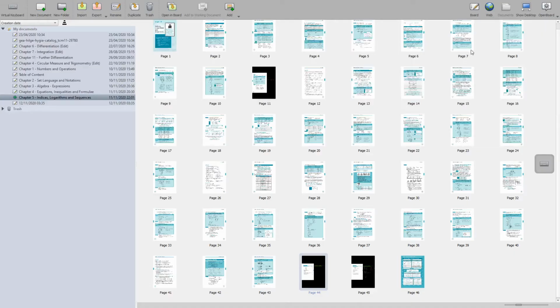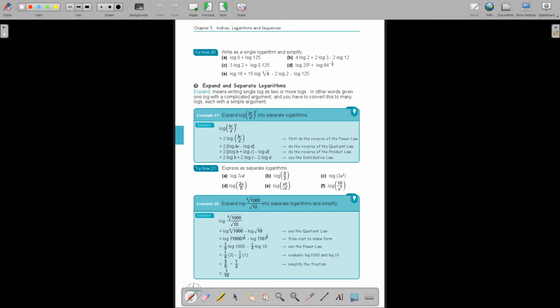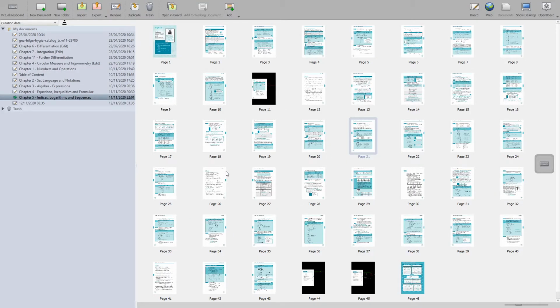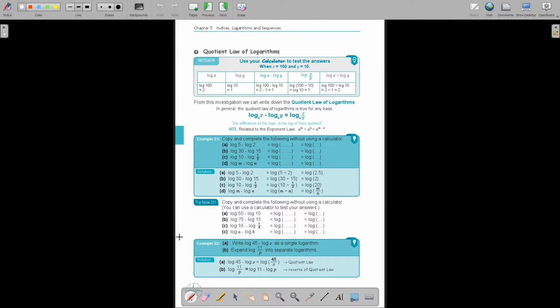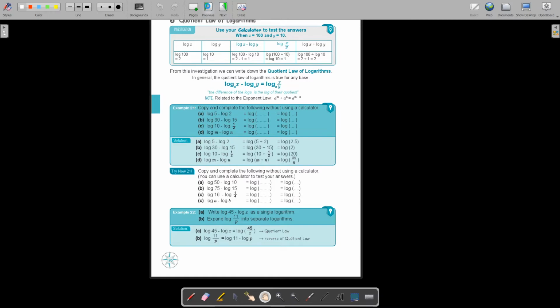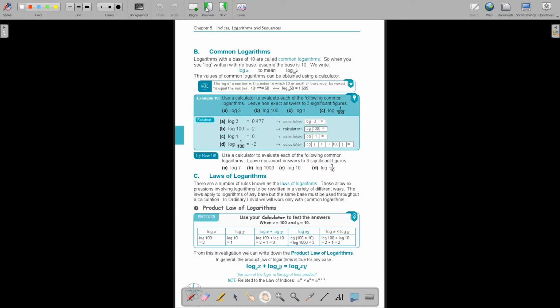It's on page 192. To spare a little bit of time in the videos, I'm not going to the index. This is all logs. I just run through the rules.